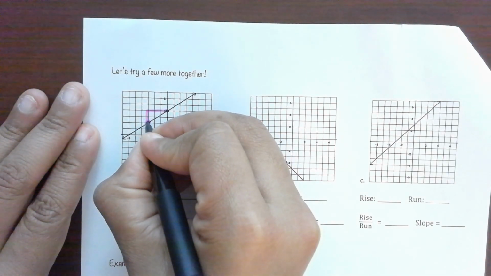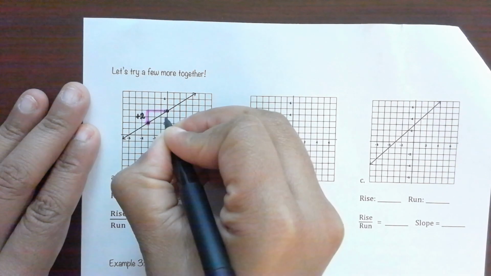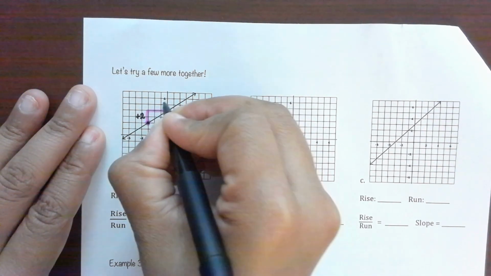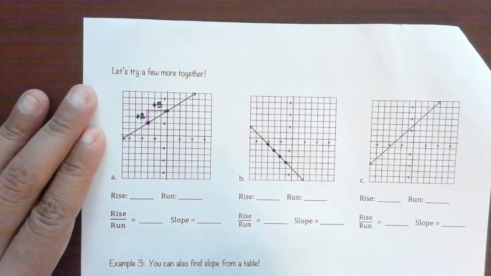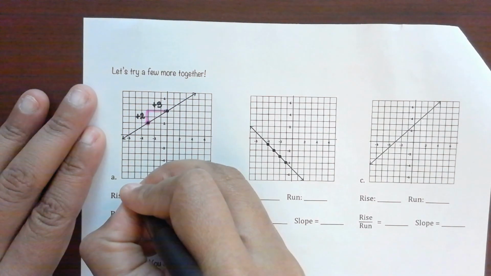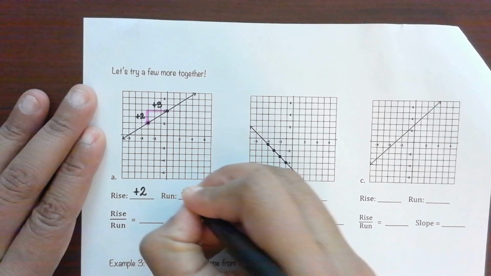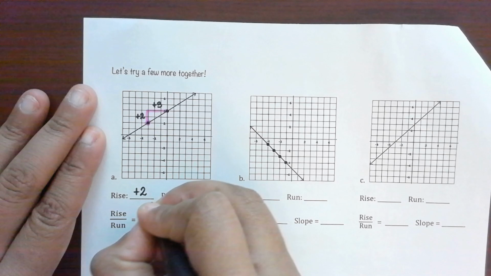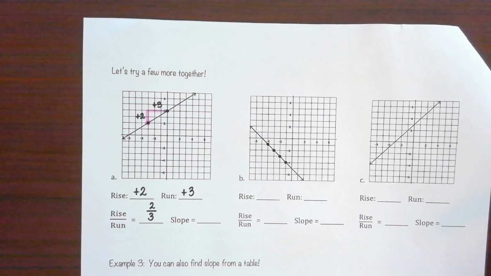Counting this, how far do I have to go up? By 2. How far do I have to go to the right? By 3. So what's my rise? What's my run? How do I write it together? Perfect, great job. Let's type that in. I'll tell you when.